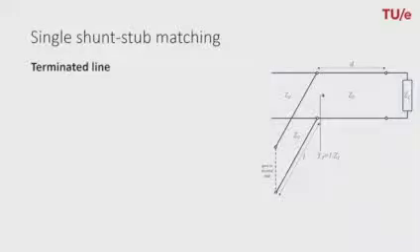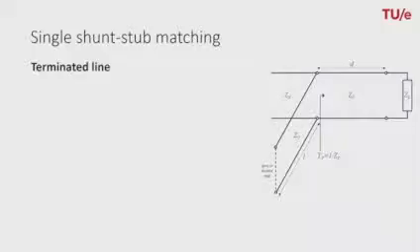Now let's have a closer look into this option, and then we come to the topic of shunt stub matching, and we will start with the single shunt stub matching circuit. It's shown here. We have a termination with a certain complex impedance that we want to transform to a transmission line with the characteristic impedance of Z0, for example 50 ohm.